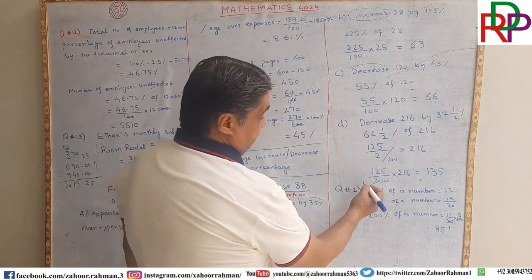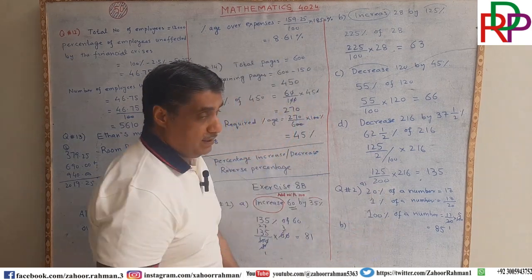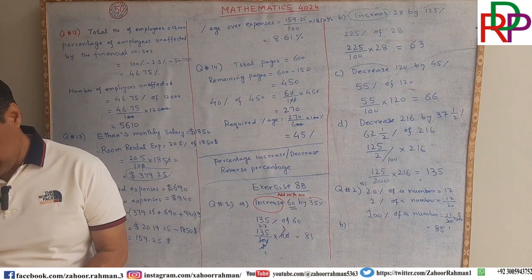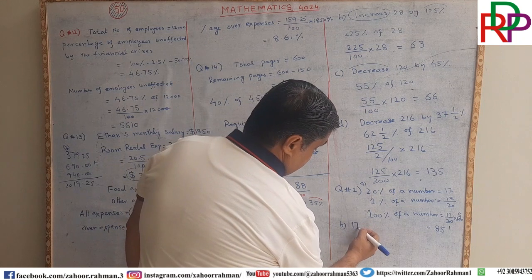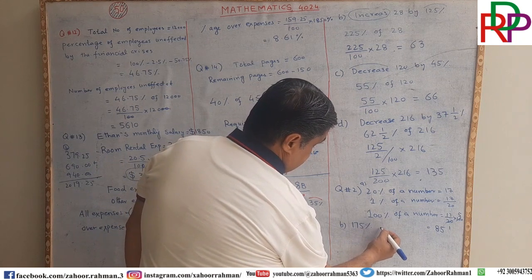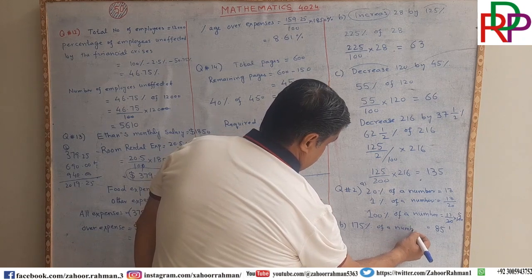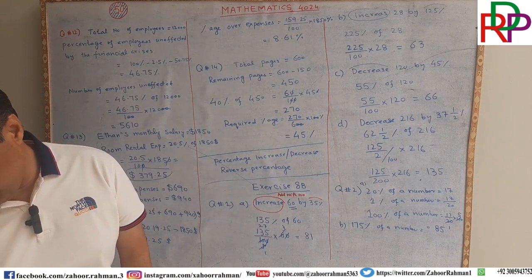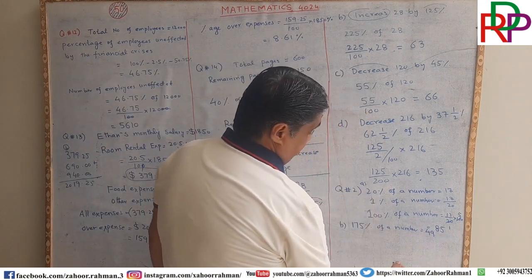That was part A. And now we are going to part B. Part B is saying 175% of a number is 49. So you have to use the unitary method.